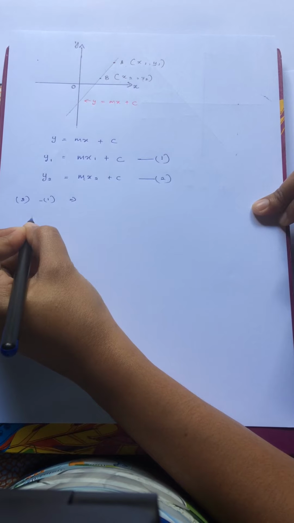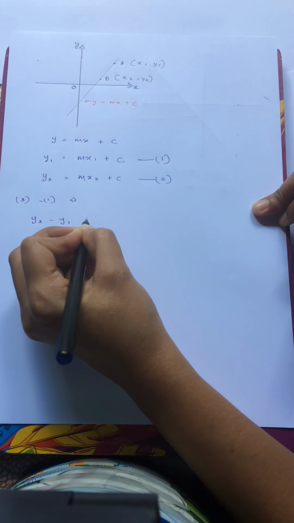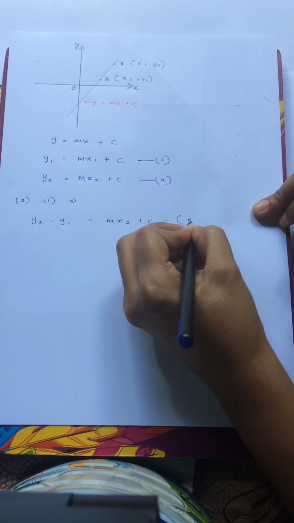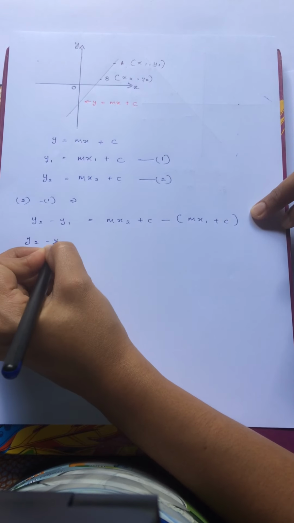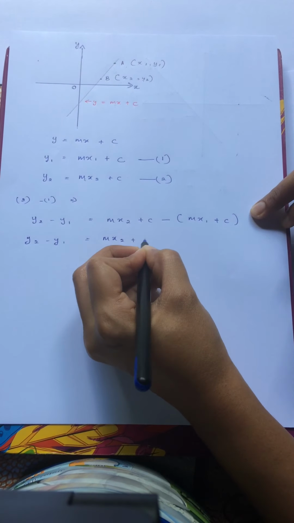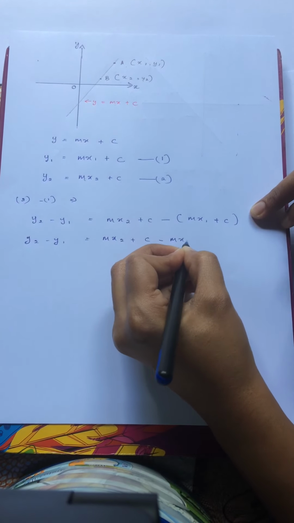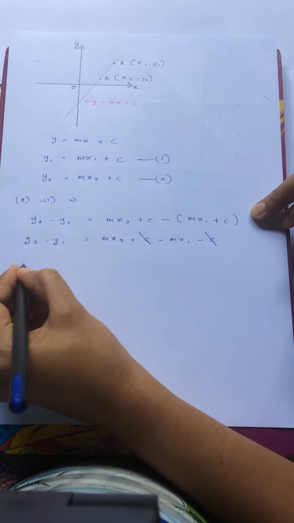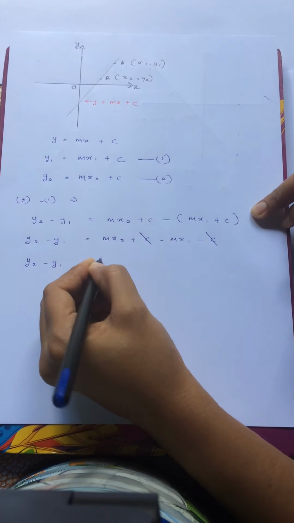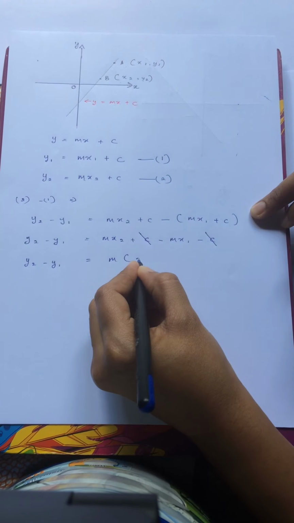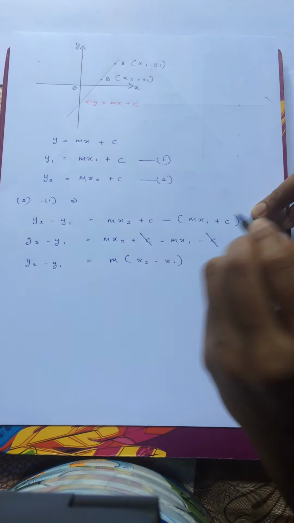So I can write y2 minus y1 is equal to mx2 plus c minus mx1 plus c. y2 minus y1 is equal to, I can remove the brackets and write mx2 plus c minus mx1 minus c. This c and this c get cancelled. Then y2 minus y1 is equal to, I can take m out because m is common, x2 minus x1.